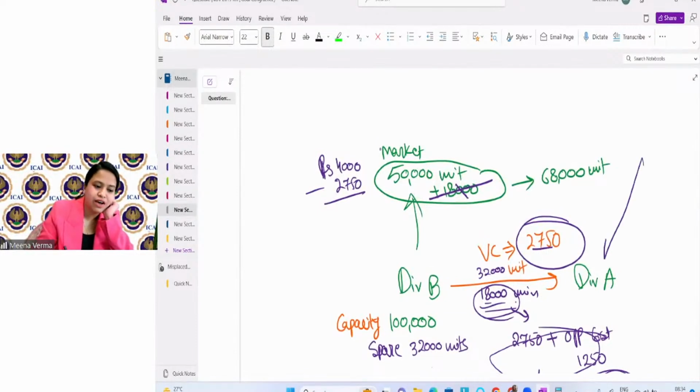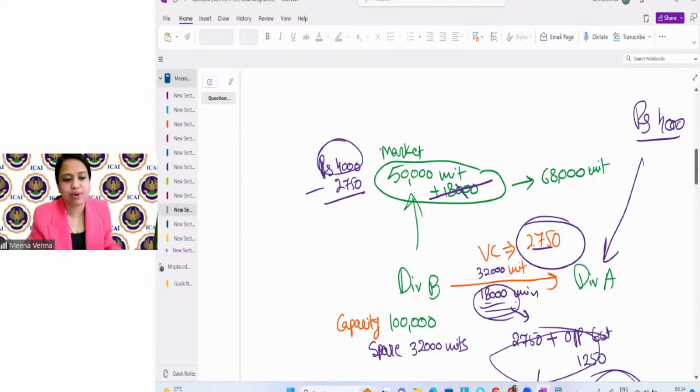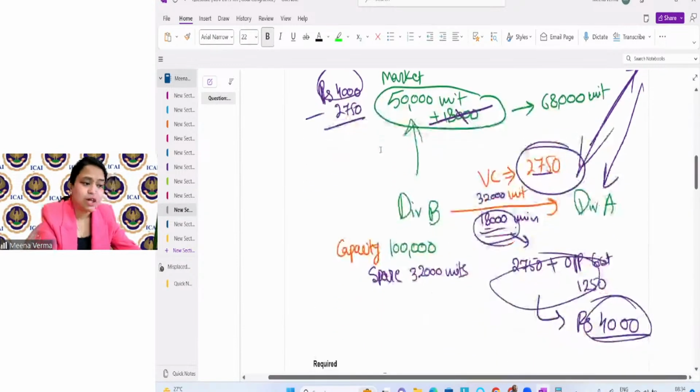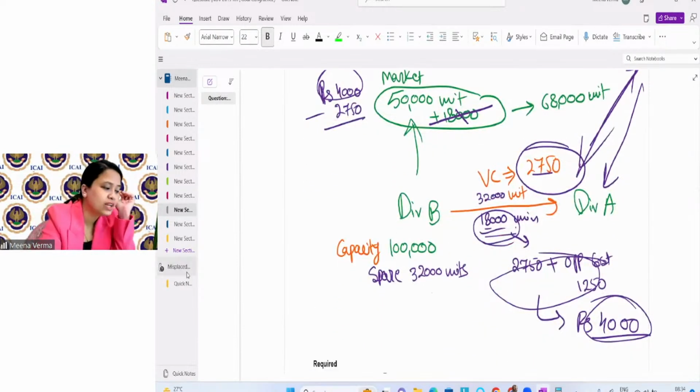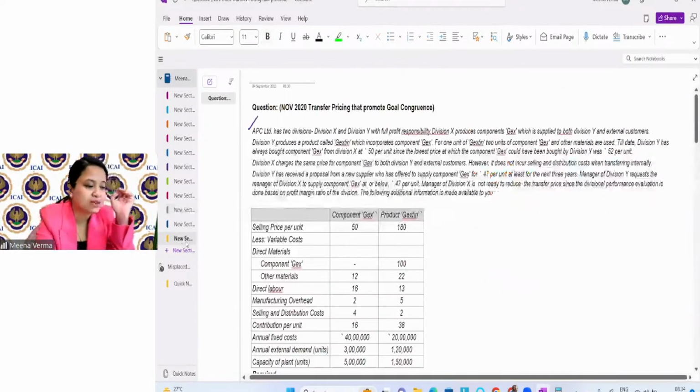Now, division A has the option to buy the same product from the outside market at rupees 4,000. So this will be the price range between them, and they can negotiate and decide whatever the transfer price is. My point is that when I'm explaining the same thing, you find it very easy.